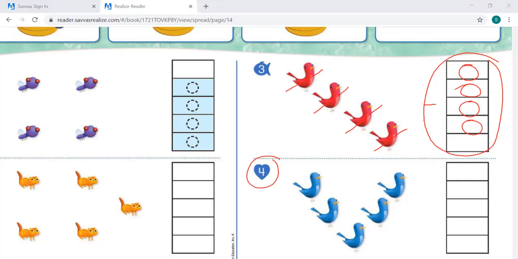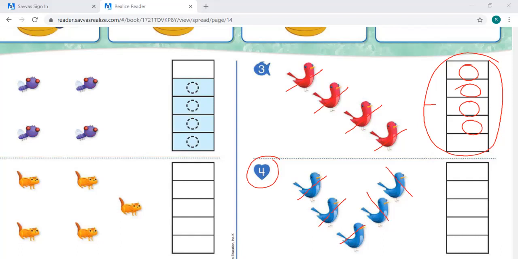All right, try to recognize these patterns that they're in. And then we're going to check and see if our answer is correct. So let's count. 1, 2, 3, 4, 5. 5 bluebirds.